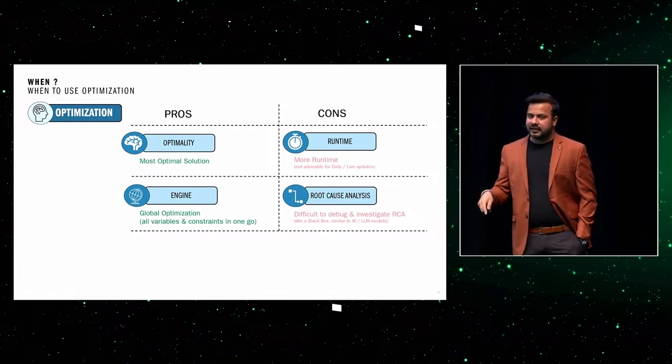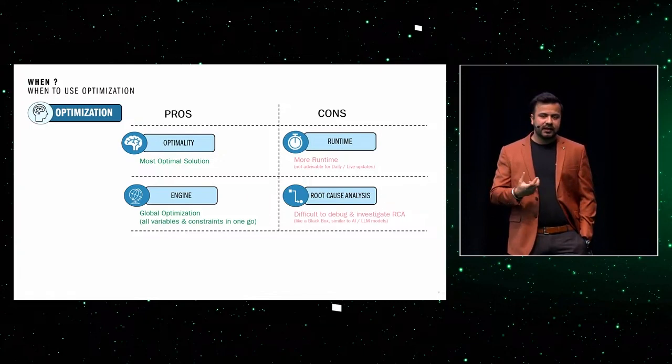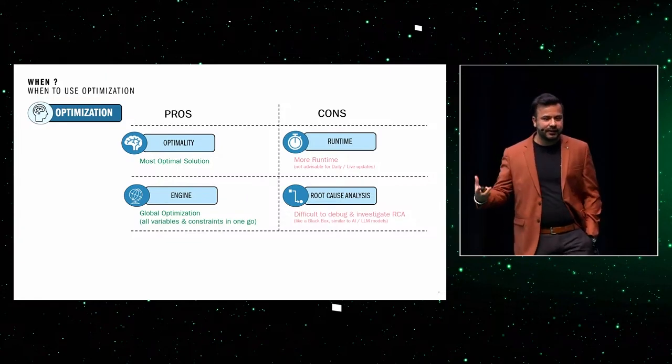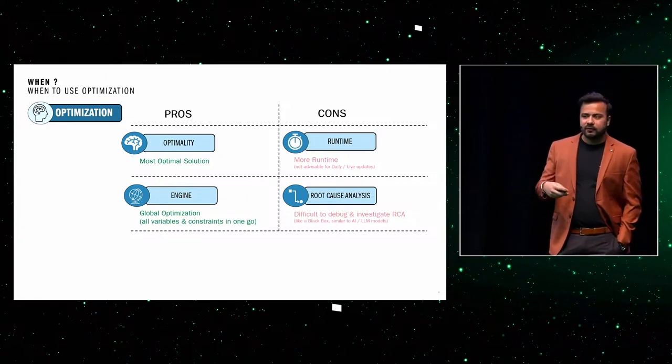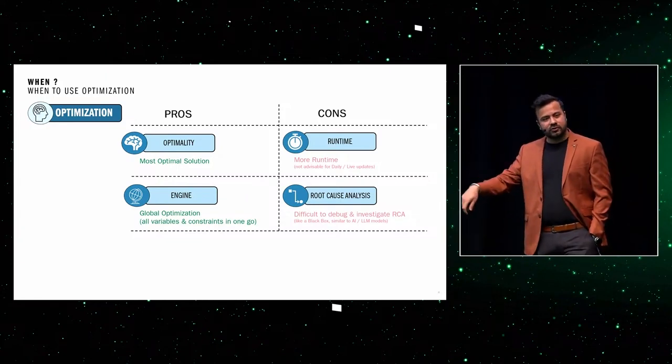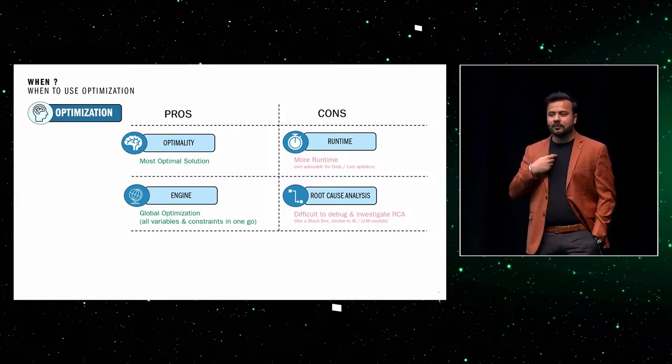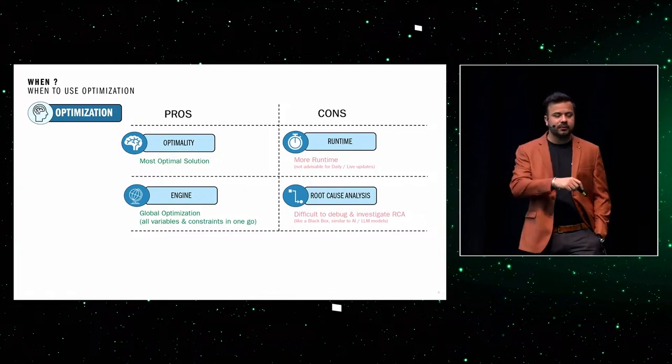Another disadvantage I see is difficulty in getting root cause analysis, and it sometimes acts like a black box, also comparable to the complaints we have for AI and LLM models today, where we know this is the most optimal result, but why was my preferred option not selected? Why was this selected and not the other one, right?